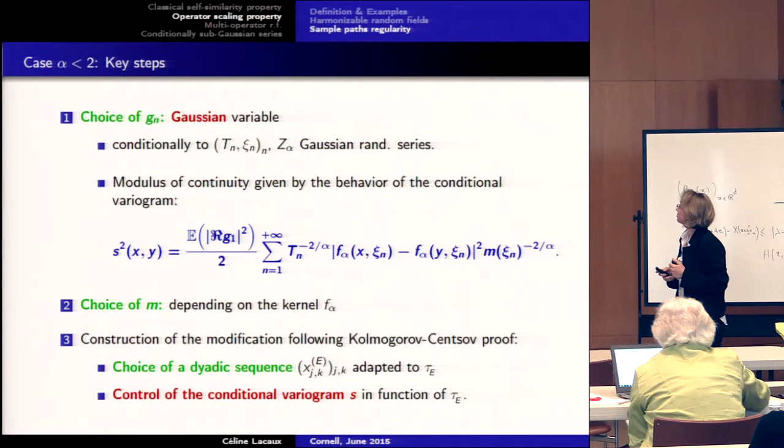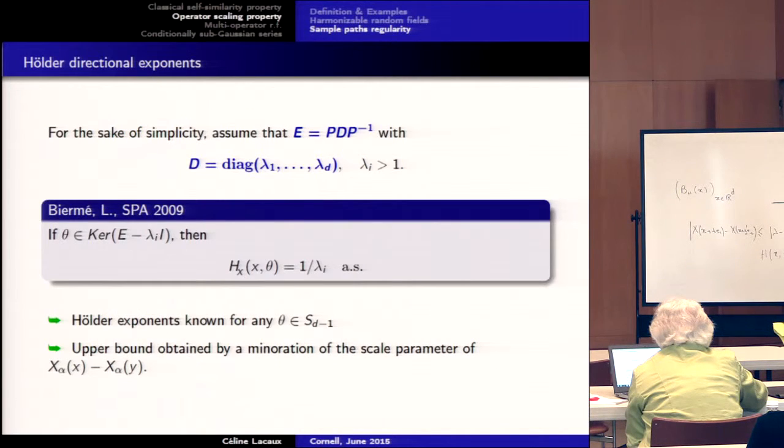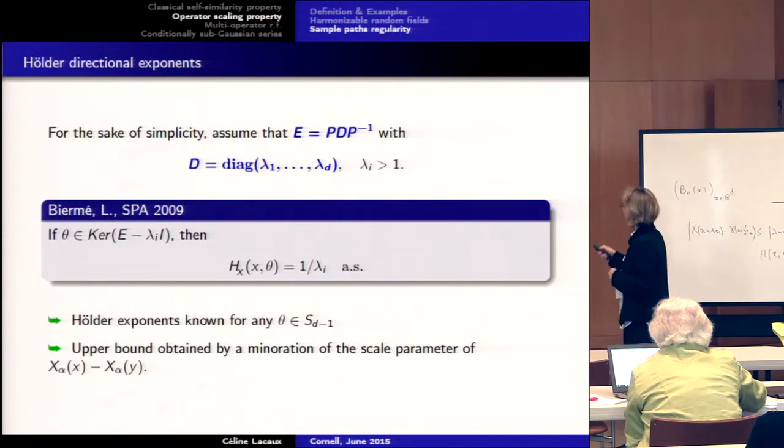So once you have done this, you obtain a lower bound for your Hölder exponents. And what I claim is that this lower bound is very sharp. That is, in fact it is an equality. So if I come back to my simple example, we know it for all E, but I prefer to focus on a simple example.